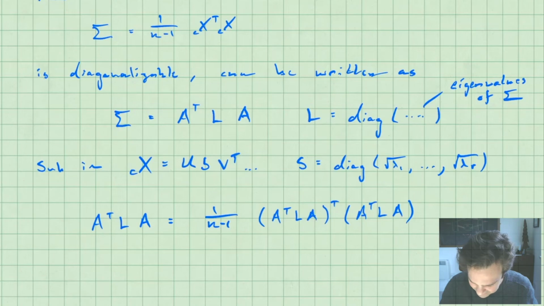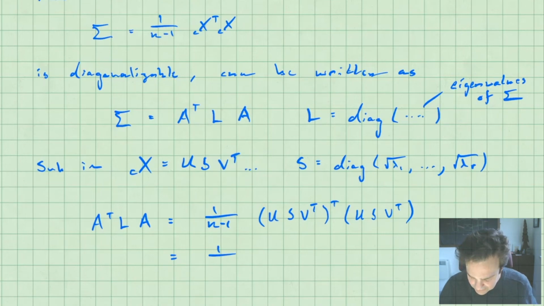Let's take those out. I'm subbing in the wrong thing here. What I want to substitute in here is this guy, for x. So we've got U times S times V transposed, quantity transposed, times U times S times V transposed. Now we'll do the transpose on the right-hand side. The 1 over n minus 1 is here. And the transpose flips the order and then transposes everything. And so what we get is V S transpose U transpose.